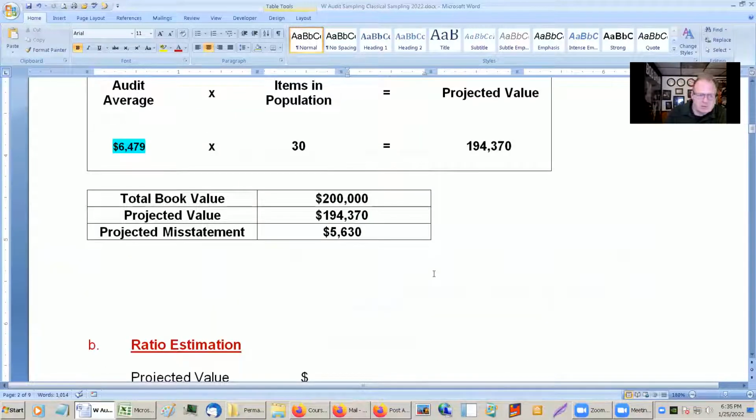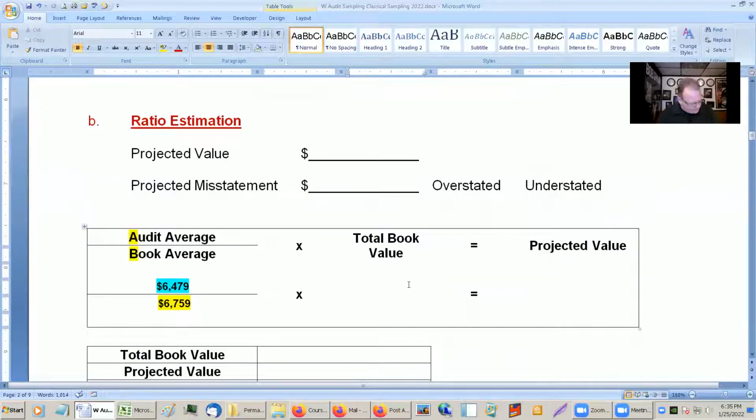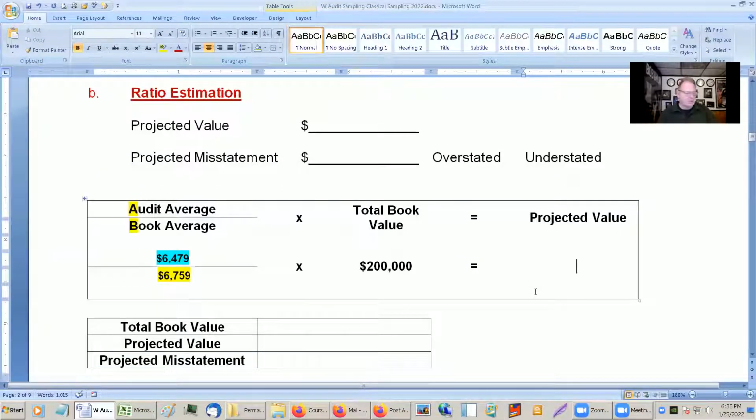The total book was 200,000. I'm going to round off to the nearest dollar: 191,715.